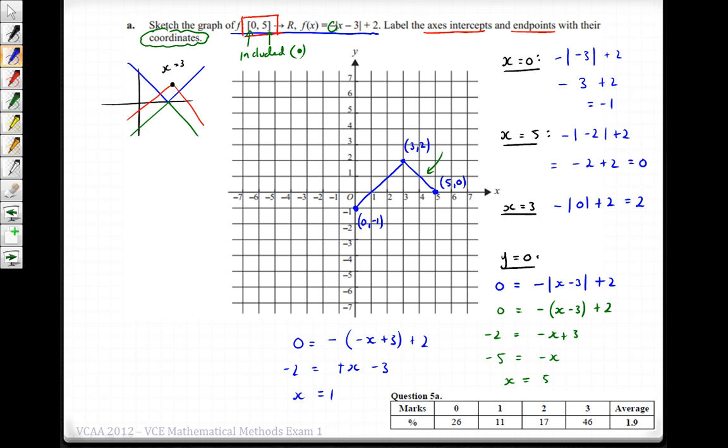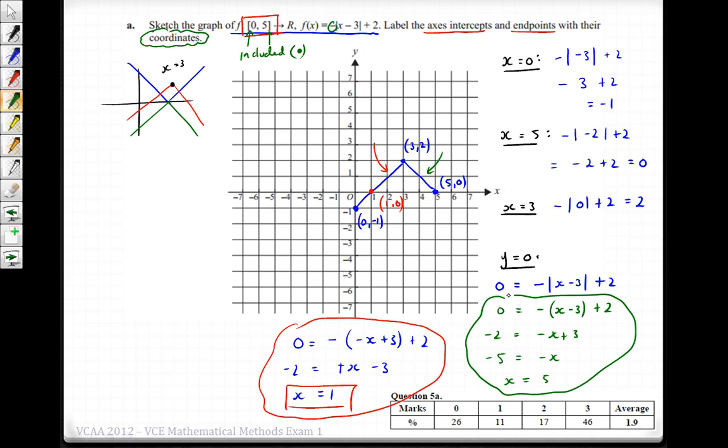That last point in there, which I'll do in red so you can see where I'm going for that one. That one's going to be x is 1, y is 0. So there we've got our two x-intercepts. One of them happens to be at an endpoint as well.